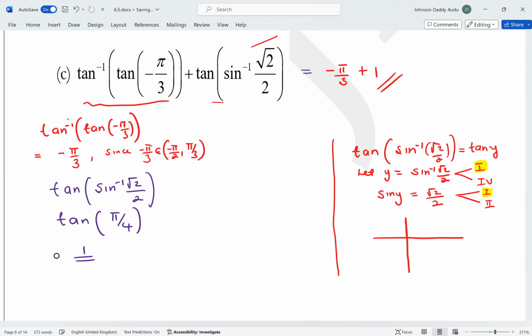We know we are in the first quadrant, so in the first quadrant, this is y, with root 2 over 2 as opposite over hypotenuse. This is sine. Then we can find the adjacent, because it will be required. So what is the adjacent? We use the Pythagoras theorem.